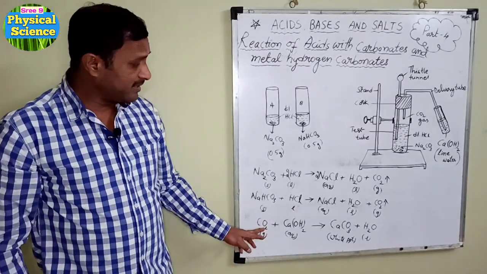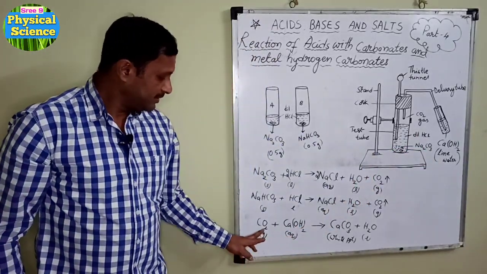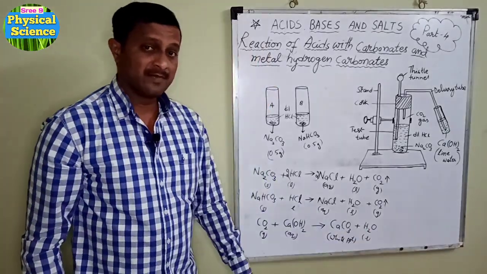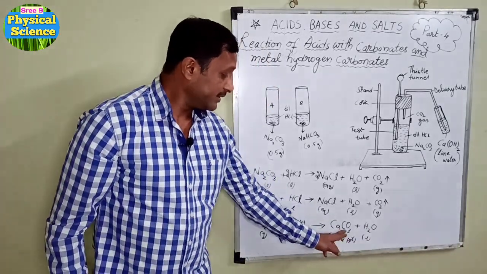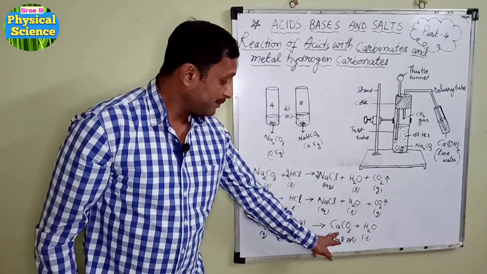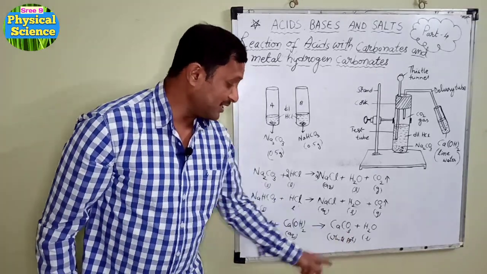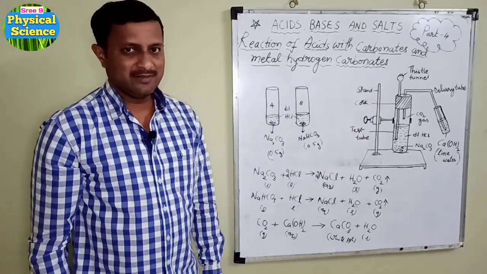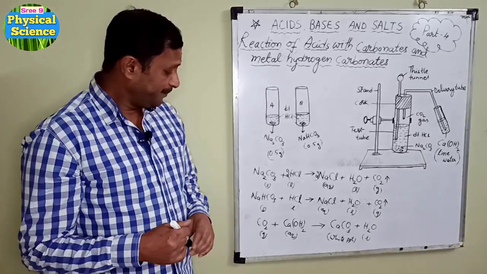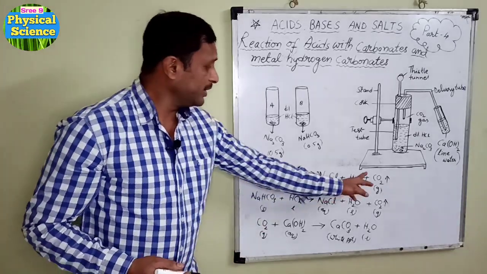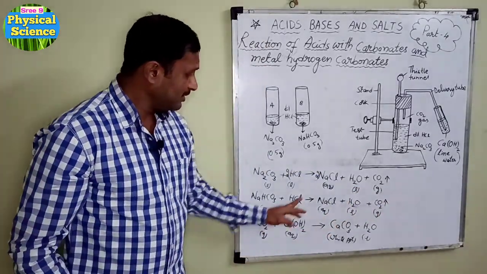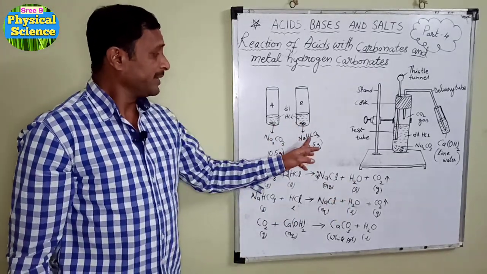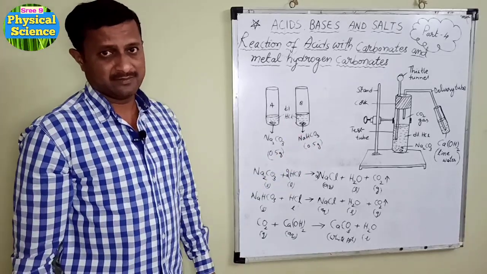So on passing carbon dioxide into lime water, CO2 reacts with calcium hydroxide, forms CaCO3 plus H2O. This proves that the formation of precipitate shows that carbon dioxide is released. Got it? Right. In both the equations we got carbon dioxide, hence this is applicable for both the test tubes, means for the carbonates and metal hydrogen carbonates, right?